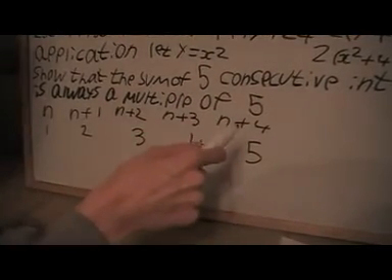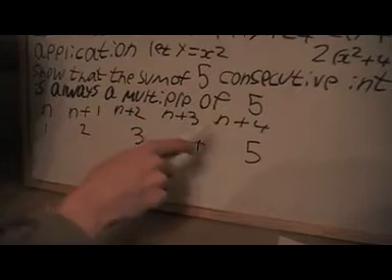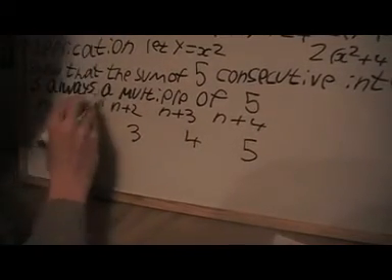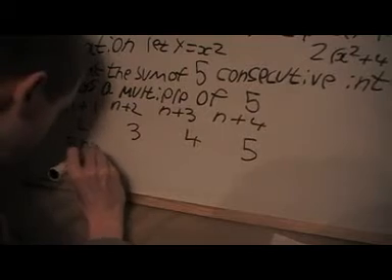So it's the sum of them, so we'll add all of these up. And we're going to get 5n plus 10.